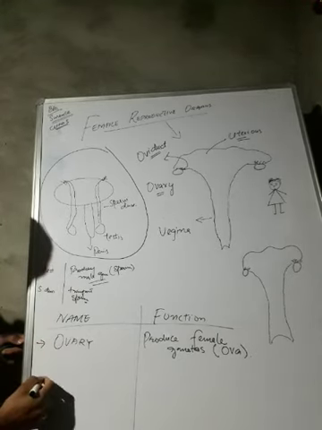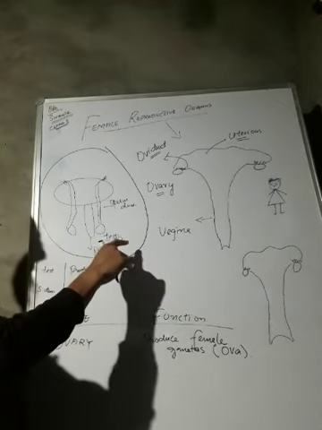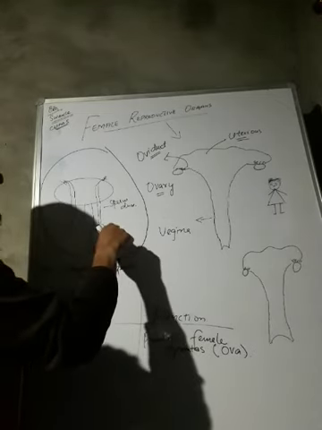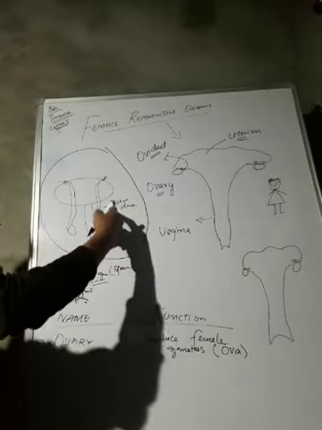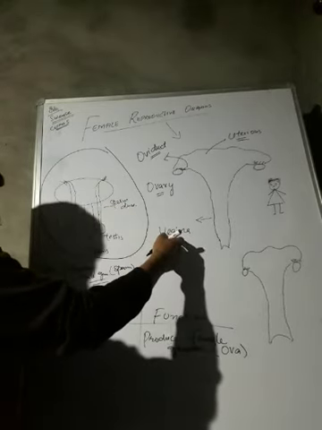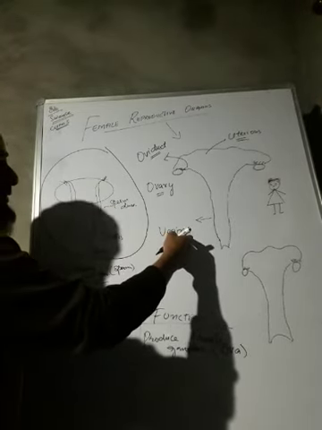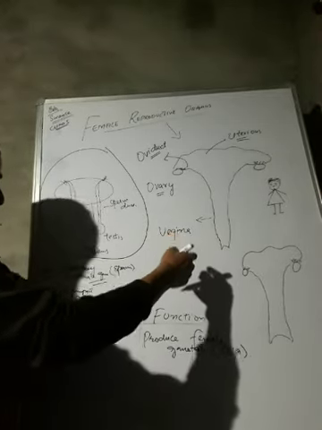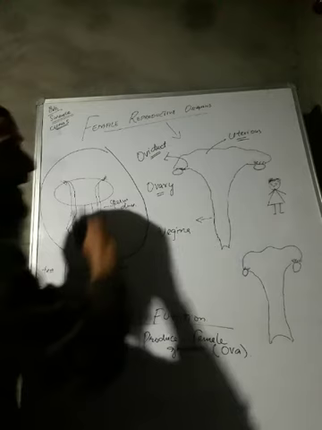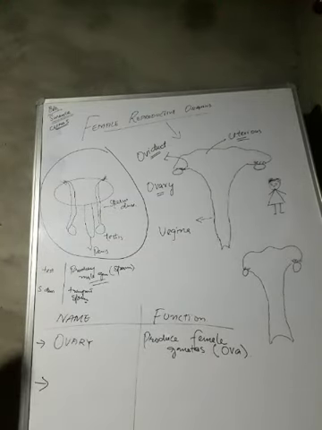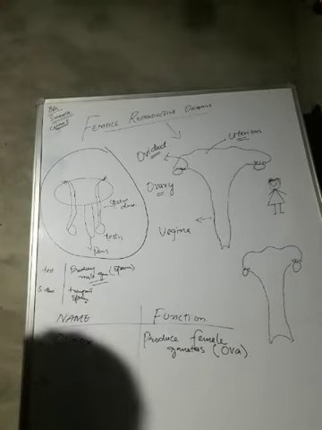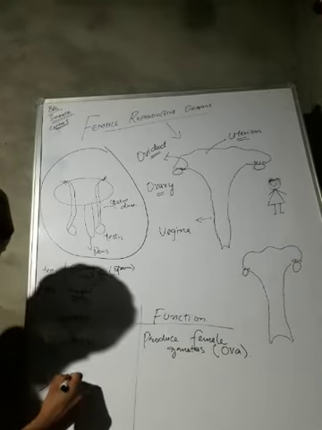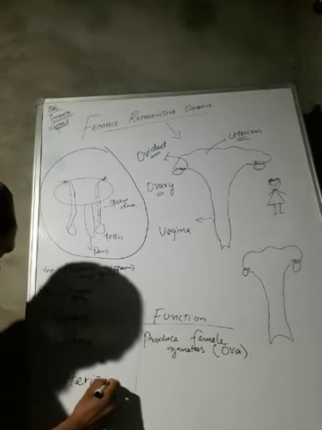Just like the testes produce the male gametes called sperm, the ovary also produces the female gametes called ova. Now the second is the uterus.